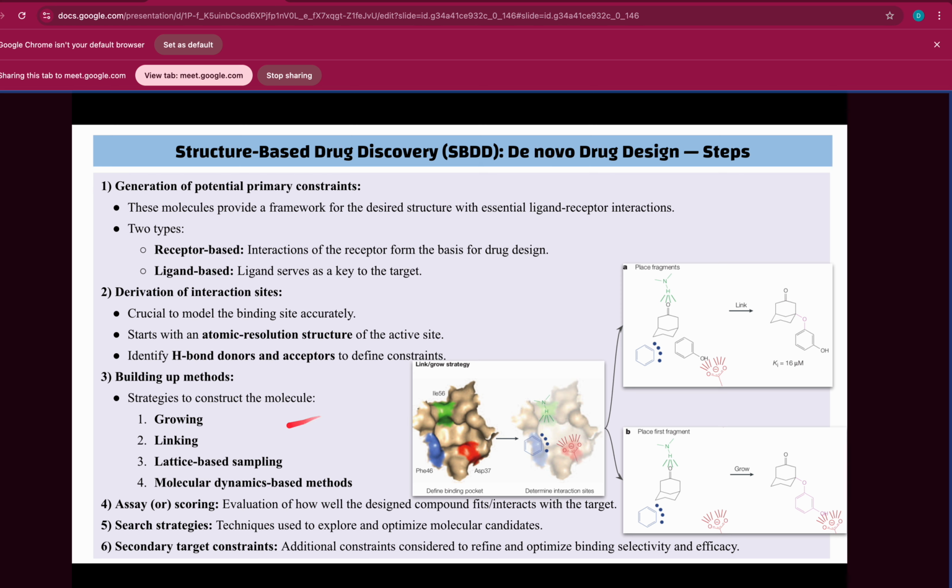Now, building up methods. The strategies are growing, linking, lattice based sampling, and molecular dynamics based methods. Now what you will do, you know all these groups, so you will design the complementary groups. For example, if it is a hydrogen bond donor, then you will keep an electronegative compound which can accept this electron. For example, a double bond O is required here. Similarly, for this benzene ring, this phenyl group, I need some compound which can show hydrophobic interactions.